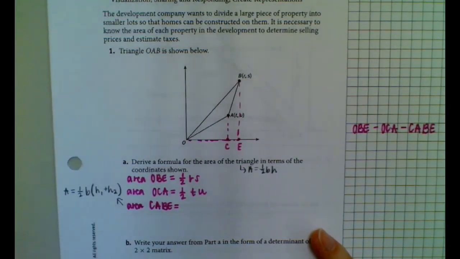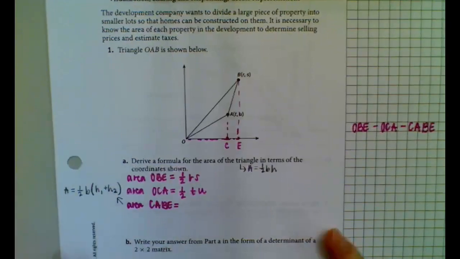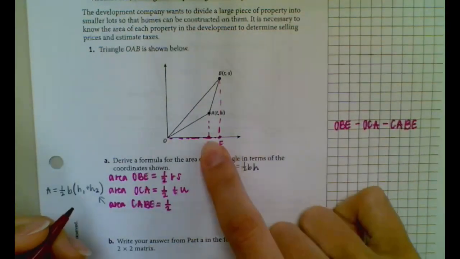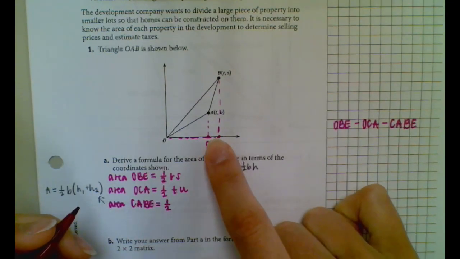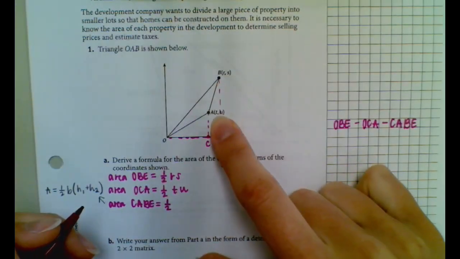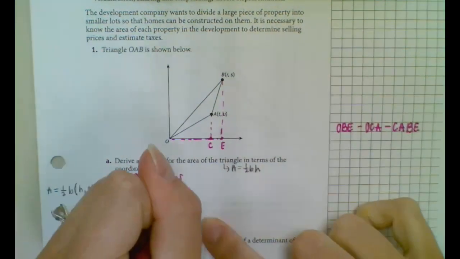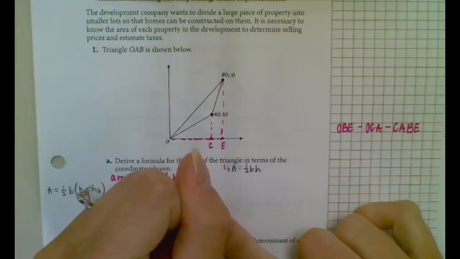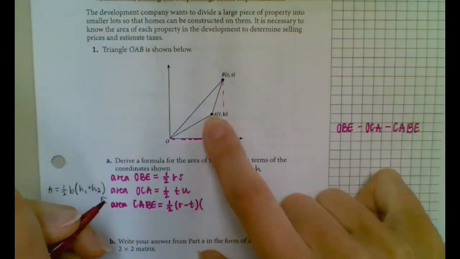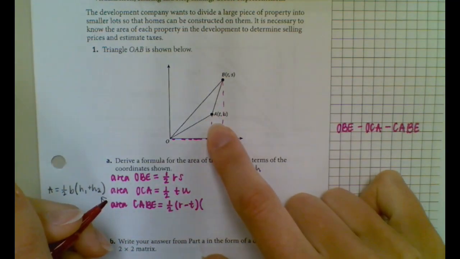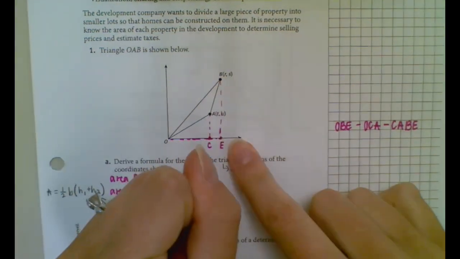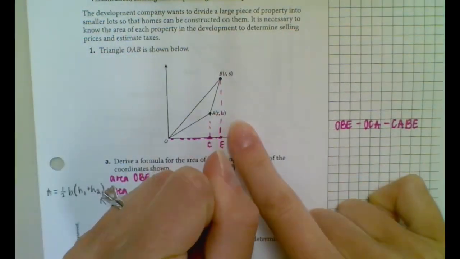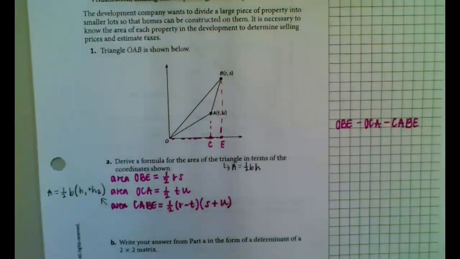So we've got 1/2. The base of that is this distance, so R minus T. Then height 1 is S plus height 2 is U, or you could say U plus S, doesn't matter.